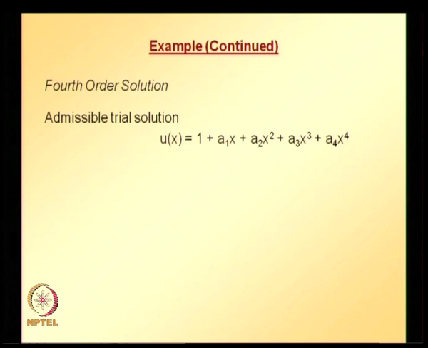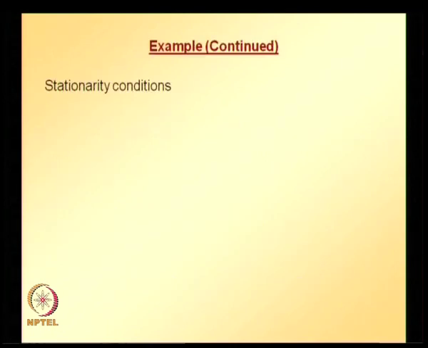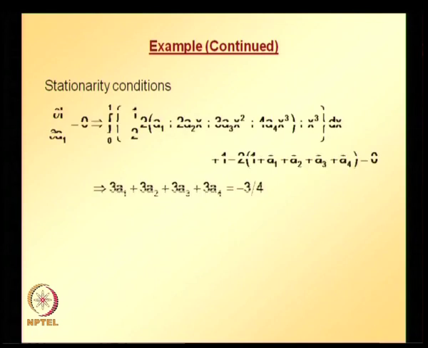So, here you need to determine 4 unknown coefficients a1, a2, a3, a4. You substitute this into the equivalent functional, you get this. The equivalent functional became a function of 4 unknown coefficients. You can easily guess what is the next step, apply the stationarity conditions. Partial derivative of I with respect to a1 is equal to 0, you get one equation.